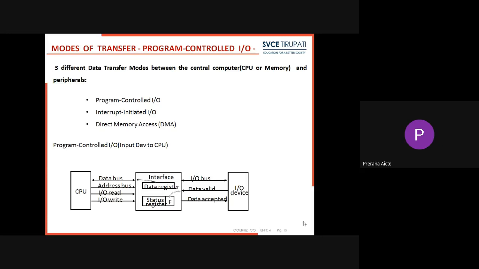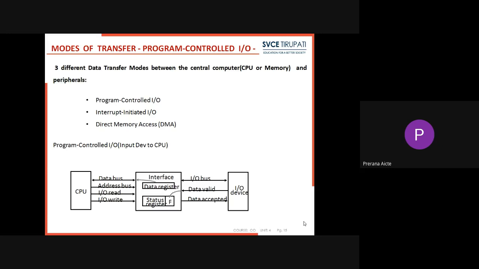First of all, the device transfers bytes of data one at a time as they are available. When a byte of data is available, the device places it on the IO bus and enables its data valid line. The interface accepts the byte into the data register and enables the data accepted line.